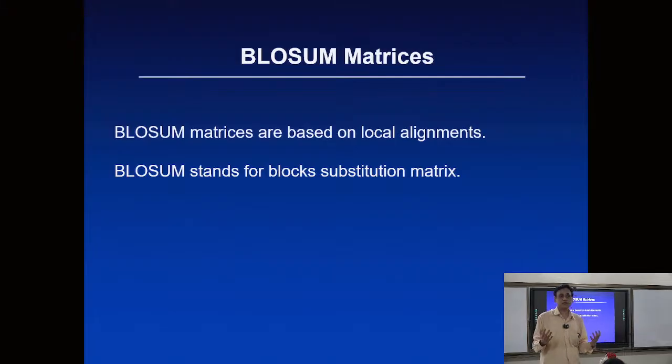So why not use the evidence that is there in the protein families rather than using a mathematical model to extrapolate to longer evolutionary times, because biological sequences may not be exactly following any mathematical model.